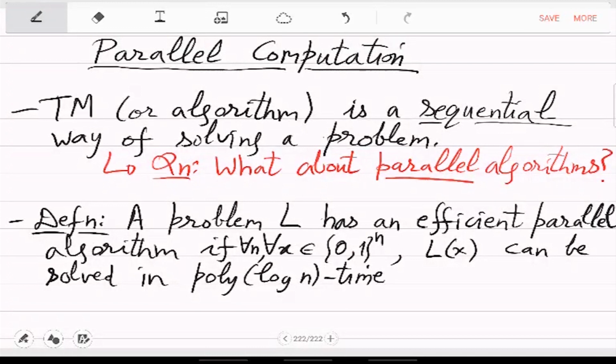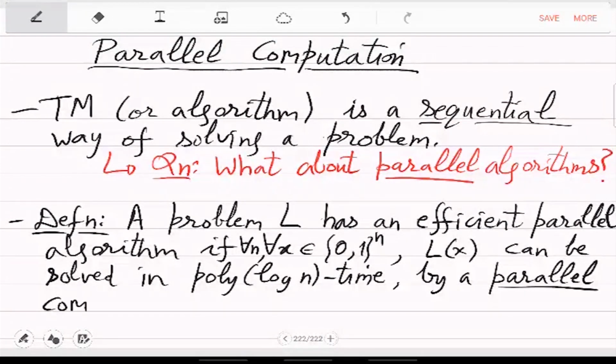But what is parallel in this? So for parallel, we will actually say that the number of processors is many. So it can be solved in poly log n time by a parallel computer that uses poly n processors.